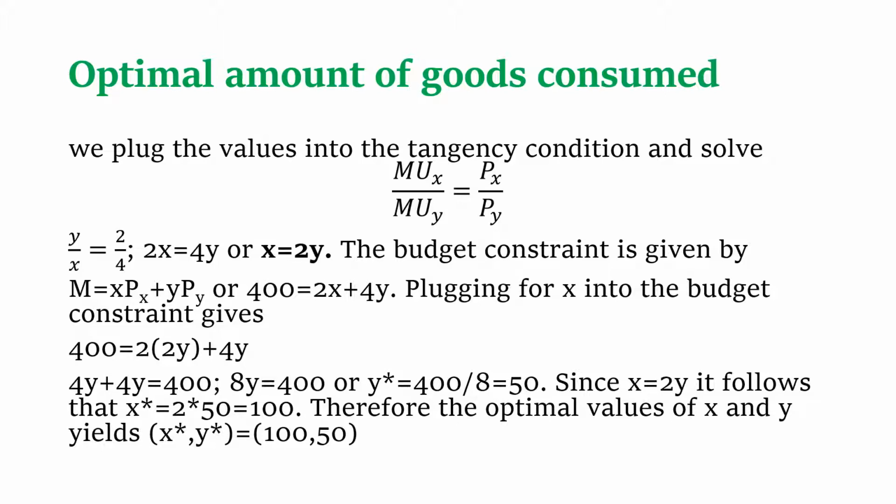Then the budget constraint is given as M equals xPx plus yPy. We plug in for x, and we have 2 times that, which is 4y plus 4y is 8y. So 400 equals 8y, y equals 50. Then x equals 2y, so 50 times 2 is 100.